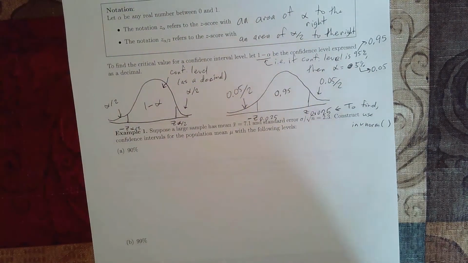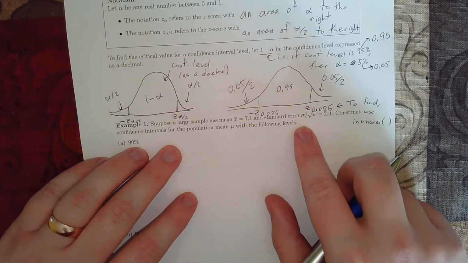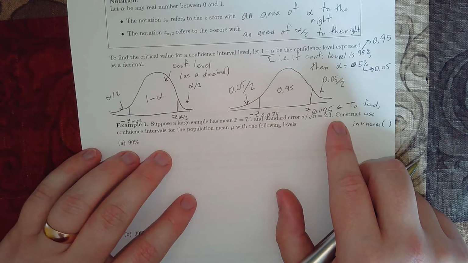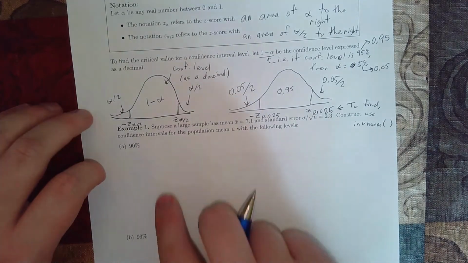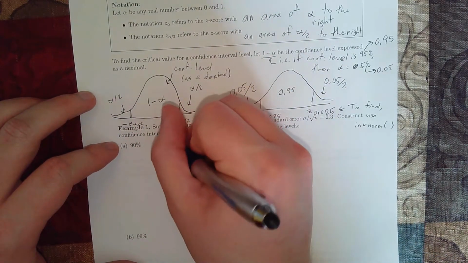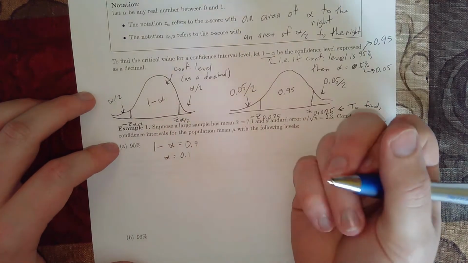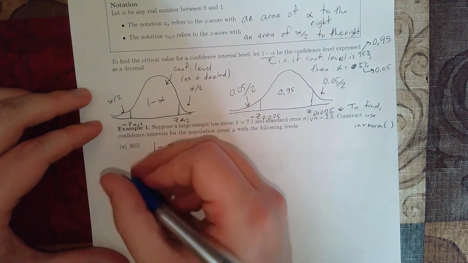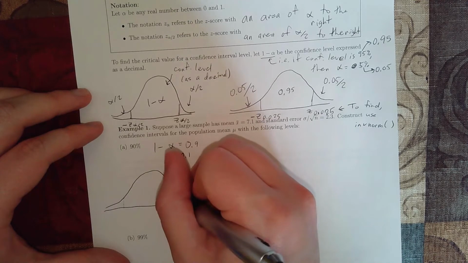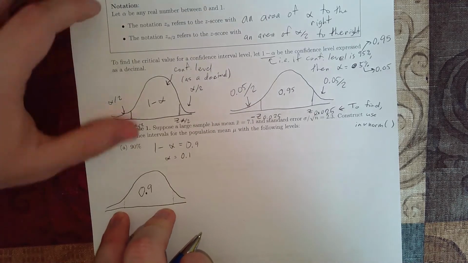All right, so let's go through some examples. Suppose we've got a large sample that has a mean of 7.1 and a standard error of 2.3. We want to construct a confidence interval for the population mean mu with different levels of confidence. So if we're looking at 90%, we're saying that 1 minus alpha equals 0.9, and so that means that alpha equals 0.1. When we're trying to find our critical value, we've got 90% between these two cutoffs.